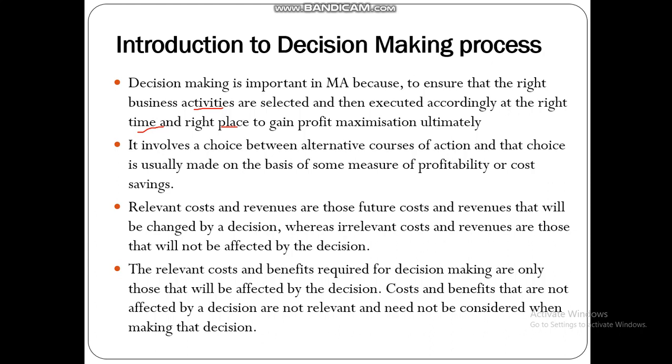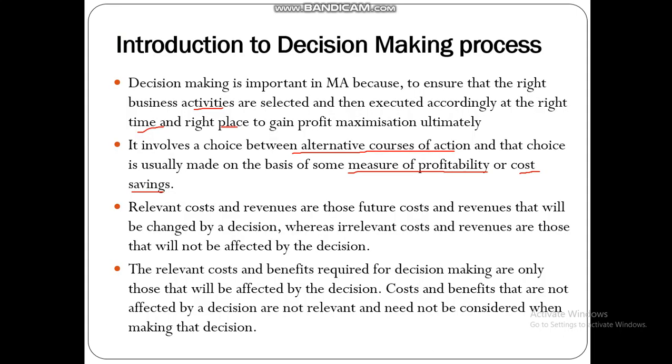It involves the choice between alternative courses of action. That means we have more than one course of action, so we have to choose. How to choose? We measure either in terms of profitability or cost saving. We choose the highest profit or the lowest cost alternative.